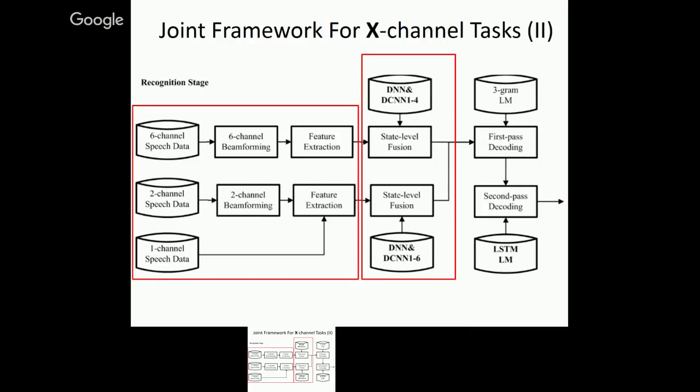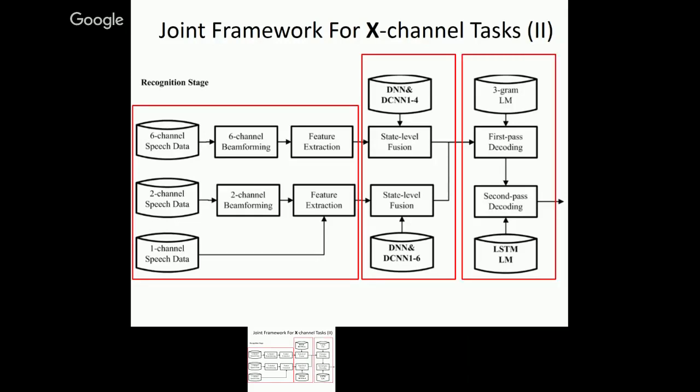For the 6-channel case, we use 5 neural networks to perform state-level fusion. And for the 2-channel and the 1-channel cases, we use 2 additional models trained on the 2-channel beamforming data. In total, we have 6 models for this 2-channel case.